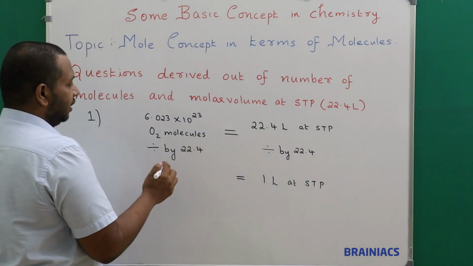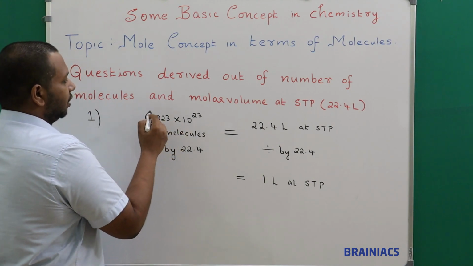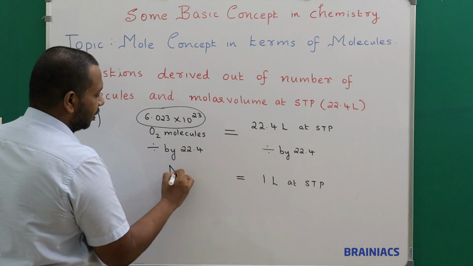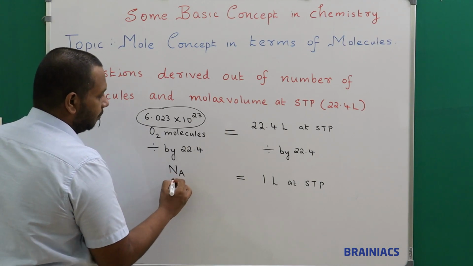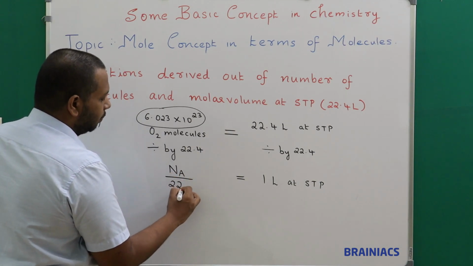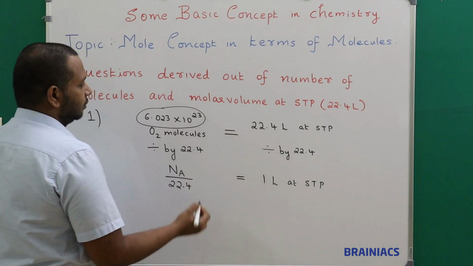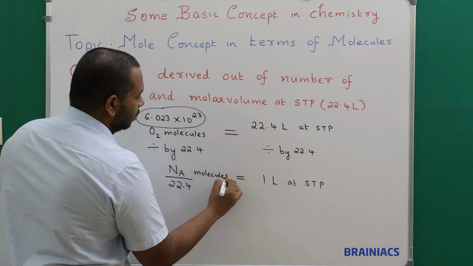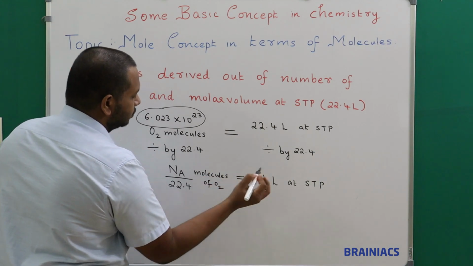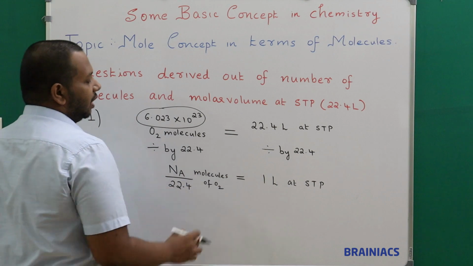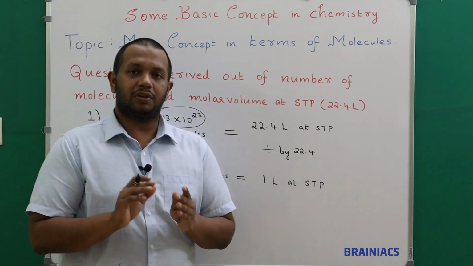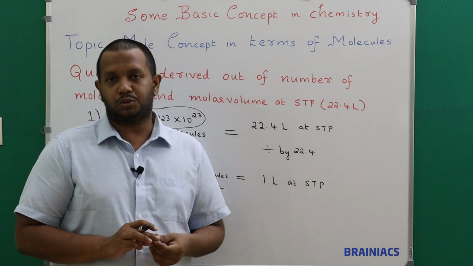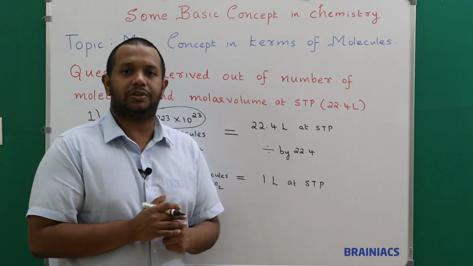And if you are dividing here, for convenience I am taking this value as the Avogadro number. You know, right, it is Avogadro. So I am putting Na by 22.4 molecules of O2. Now, are they asking you to find in 1 liter? No, they are asking me to find in 2 liter. So what should I do? Multiply by 2 to get it converted to 2 liter.